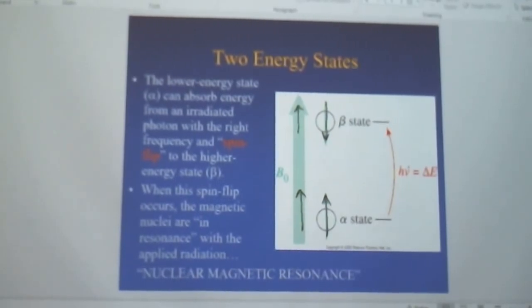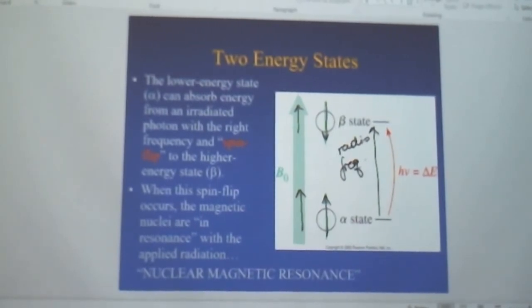The amount of energy needed to go from the low to the high magnetic field is that radio frequency that I'm going to irradiate my sample with. You don't need a whole lot of energy to get that proton to flip. In other words, rather than be spinning like this and have a magnetic field like this, flip it and have it spin like this, and have a magnetic field like that.